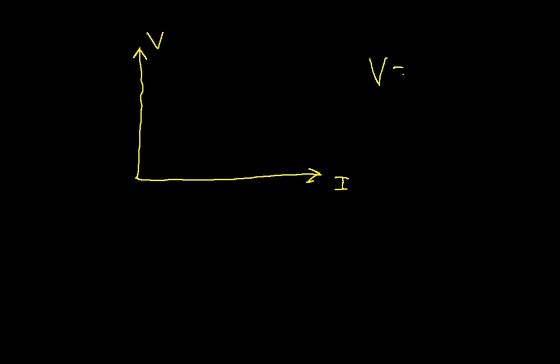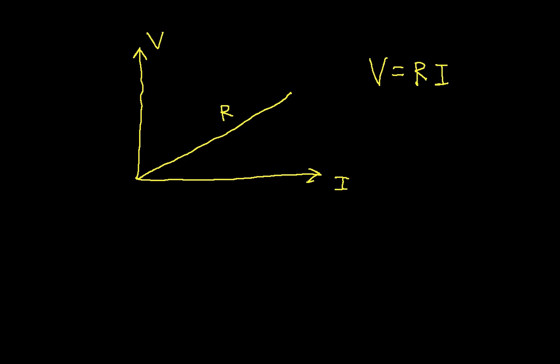And the proportionality constant is the resistance. So the relationship between current and voltage of a resistor can be drawn with a straight line graph, and the slope of this line is the resistance R.